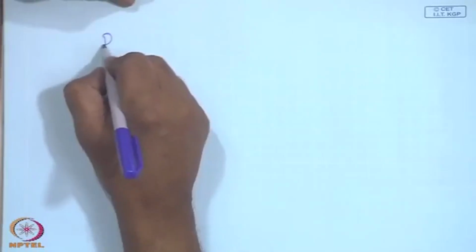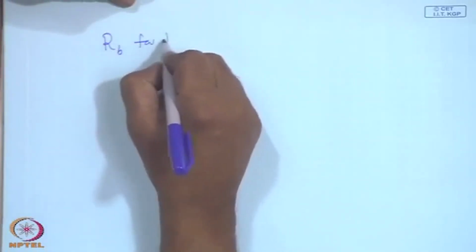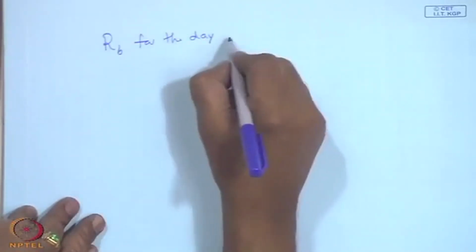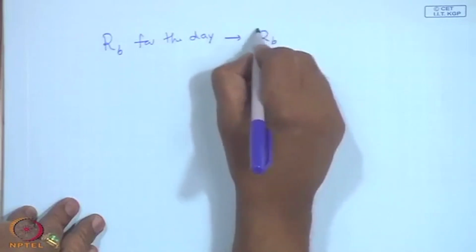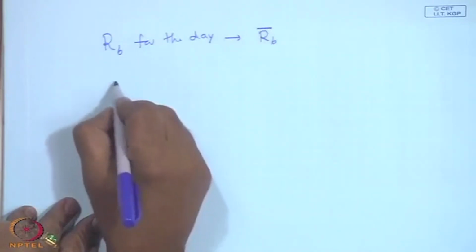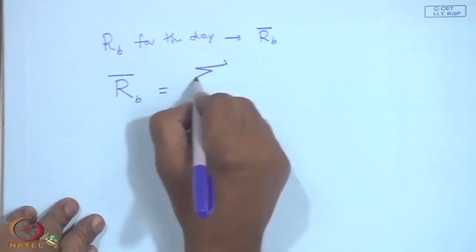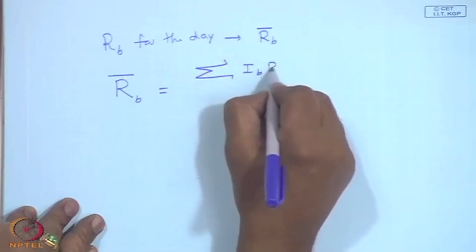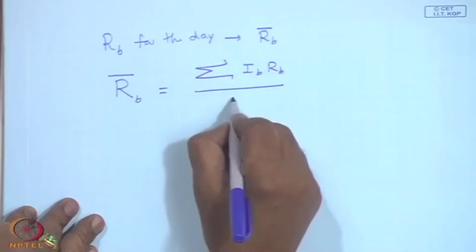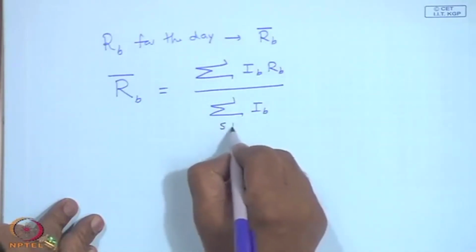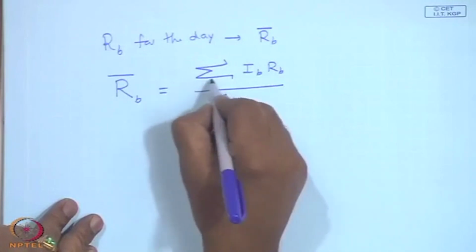But how do I define if I want to have a daily R B for the day? Okay. So, let us call it R B bar, like we have been doing. So, this R B bar should be equal to summation of I B R B over summation of I B, from sunrise to sunset.